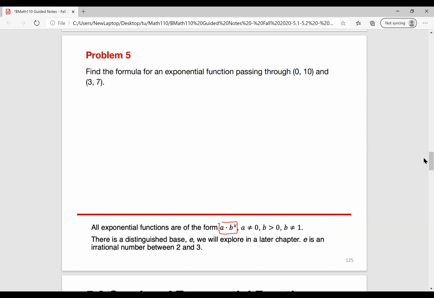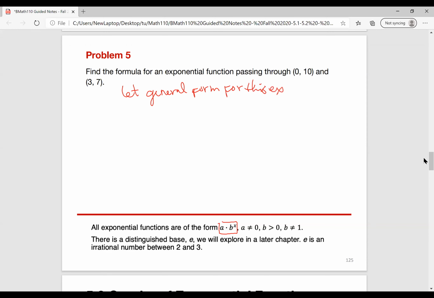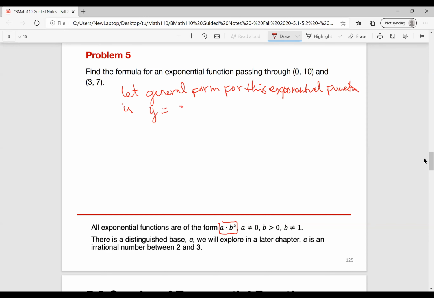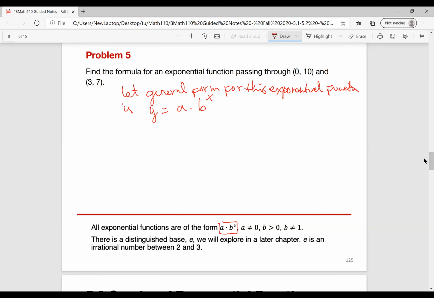So I'm going to say, let the general form for this exponential function be y equals a times b to the power x.